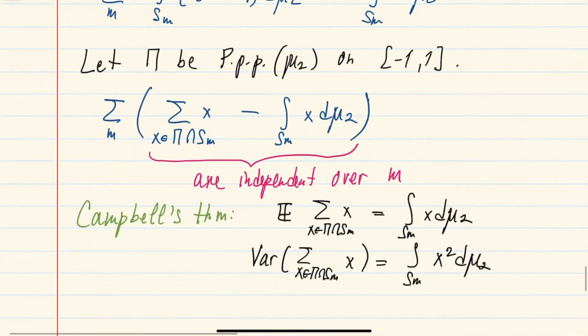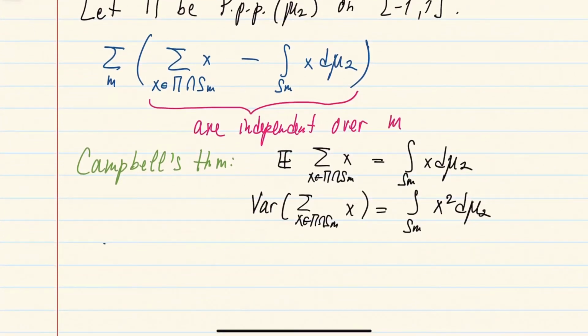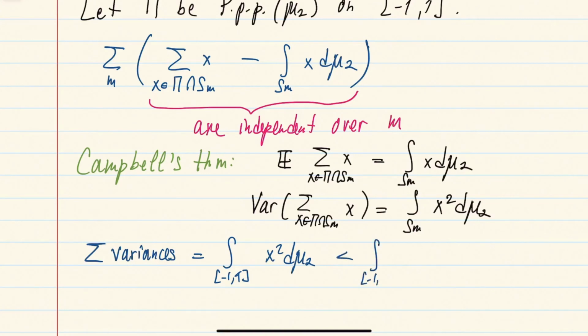Okay, so by our assumption, the sum of variances will be the integral on minus 1 to 1 of x squared d mu2, which is of course bounded by the integral with respect to mu, which is finite.